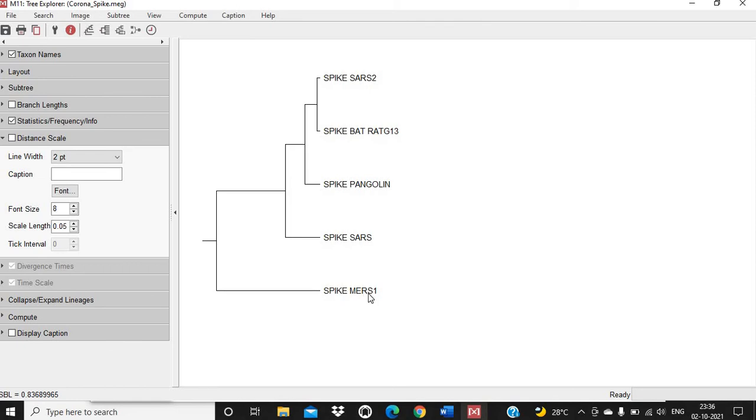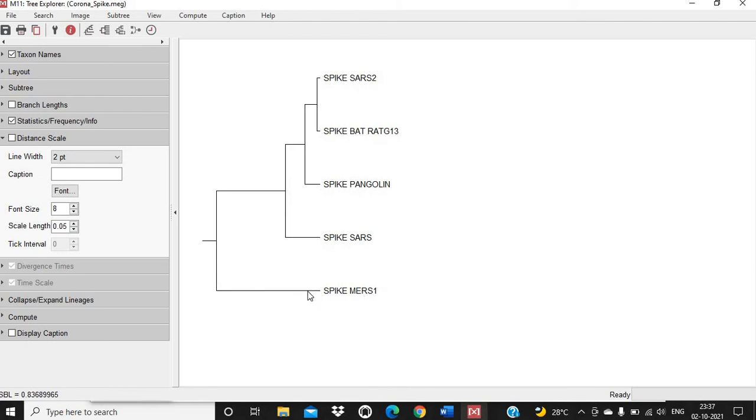But the spike of MERS is distantly related to all these spike proteins of coronaviruses. Particularly the distance between the spike of MERS and the spike of SARS-CoV-2 is the largest.